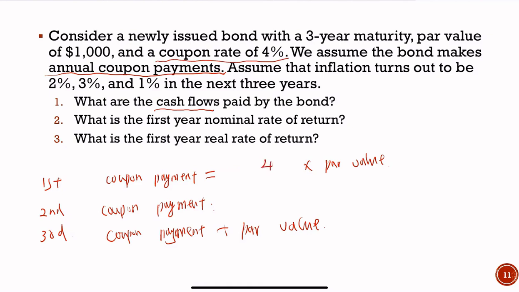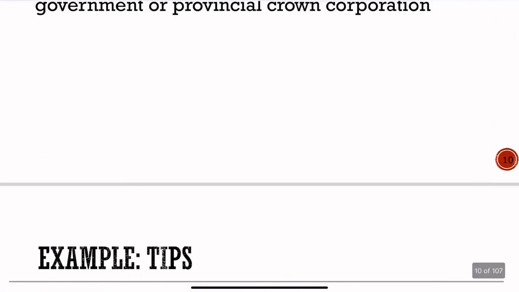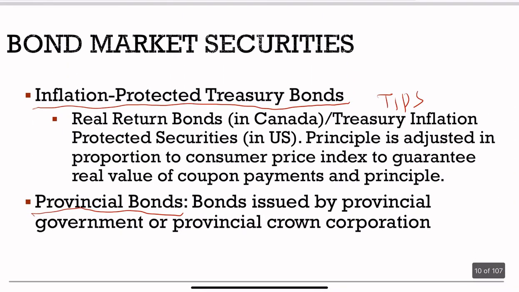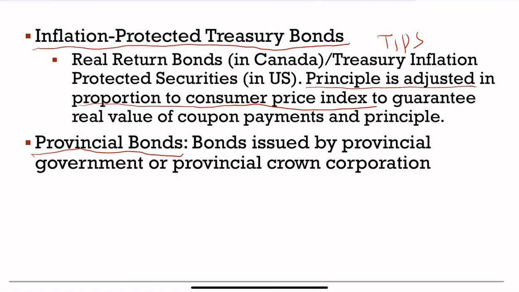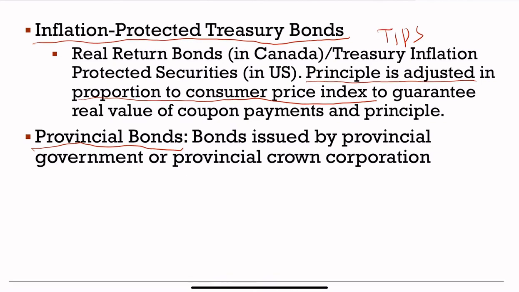Now, what is the par value? If we go back to the definition of inflation-protected bonds, we can see that principal will be adjusted in proportion to the consumer price index. So as I said, you will modify the principal according to the inflation rate.